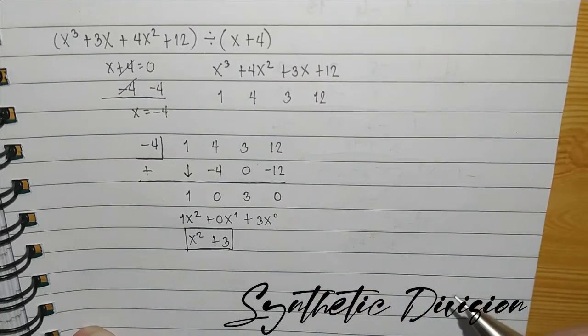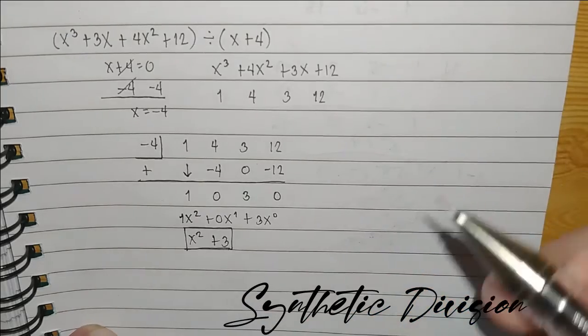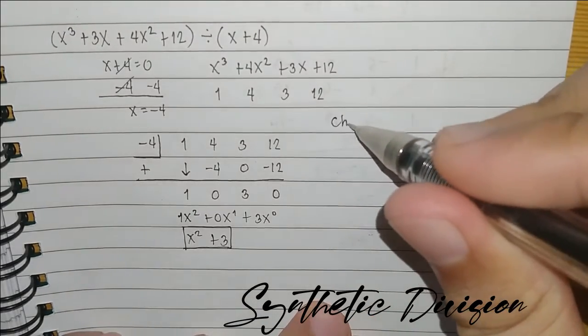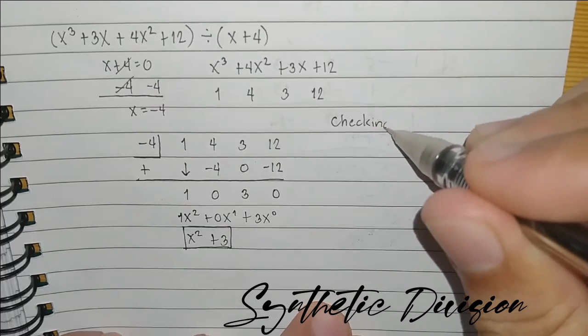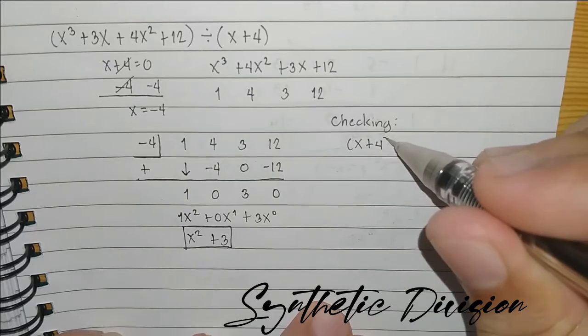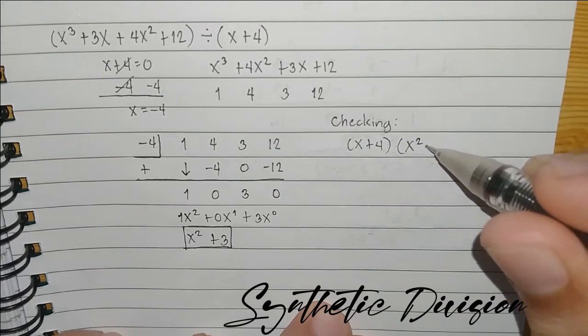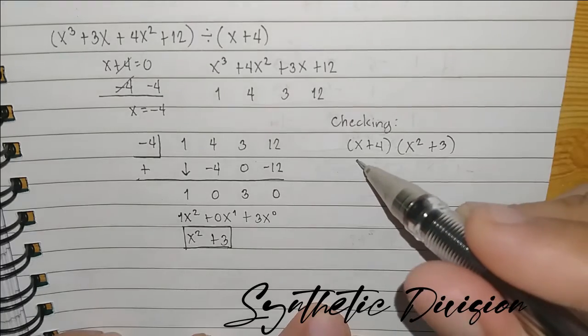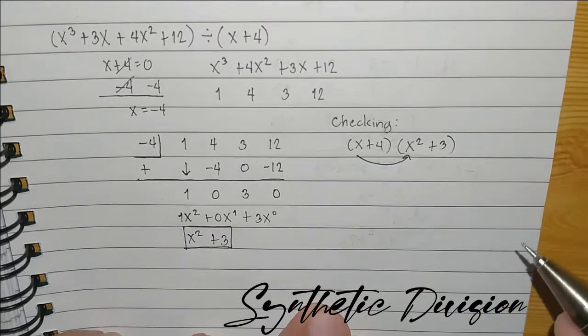x plus 4. So, para malaman natin kung tama yung ating quotient, let's have this checking. So, let's multiply x plus 4 times x squared plus 3. Okay? Let's multiply x times x squared.